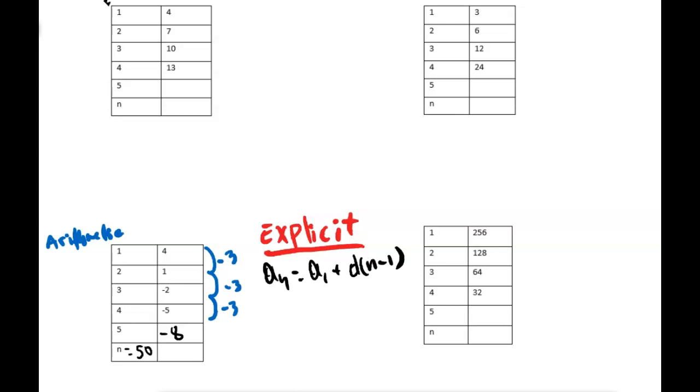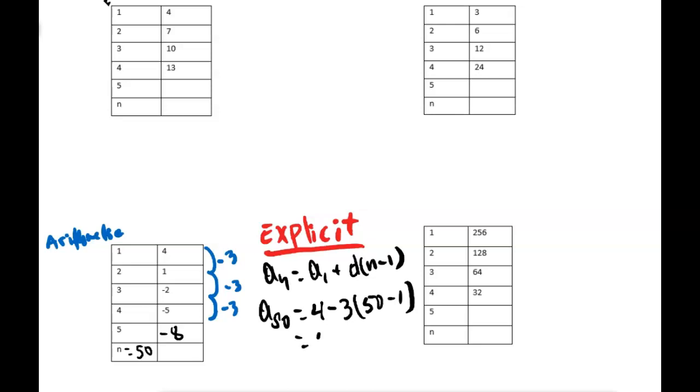So a sub 50 equals the first term, which we know is 4, plus the common difference, which we know is negative 3, times 50 minus 1.